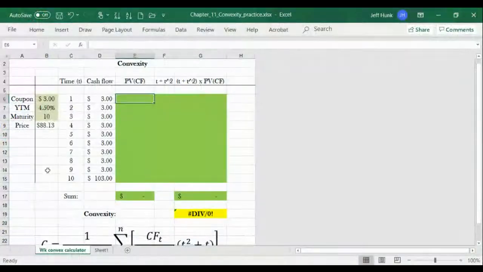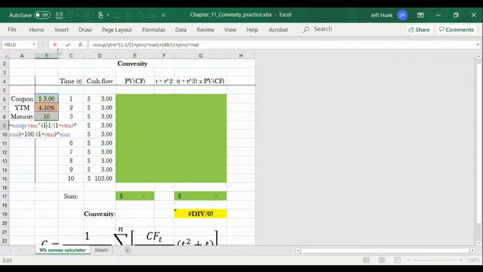So first, the coupon rate is 3%, yield to maturity 4.5%, maturity 10 years. This price is already computed using the price formula, not the Excel built-in price formula, but as you can see, it's basically the present value of an annuity plus the present value of the maturity value, right?